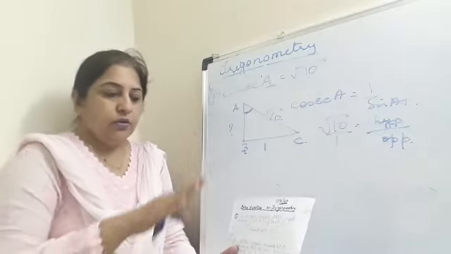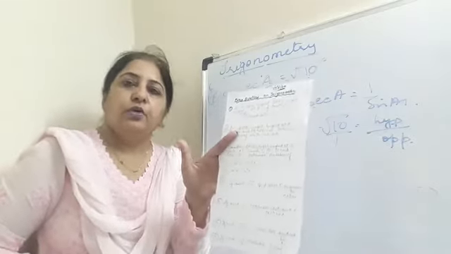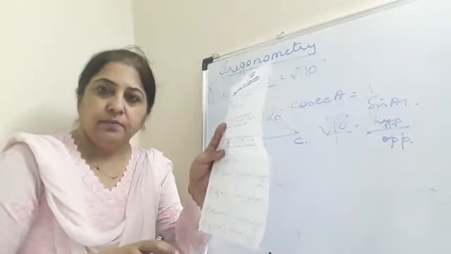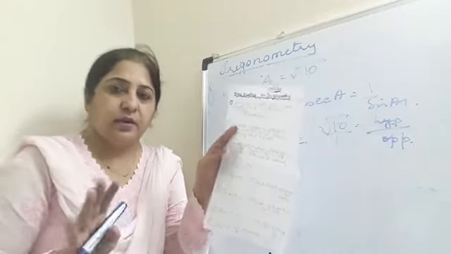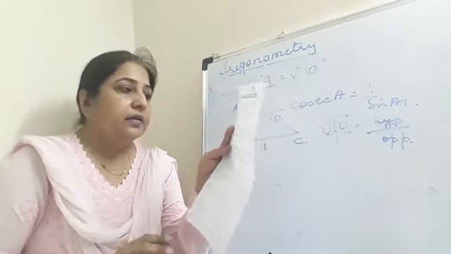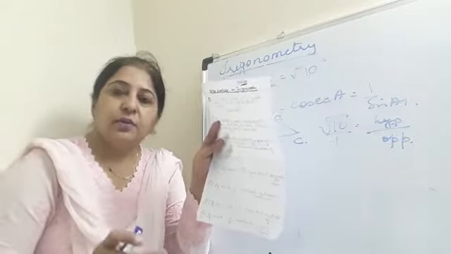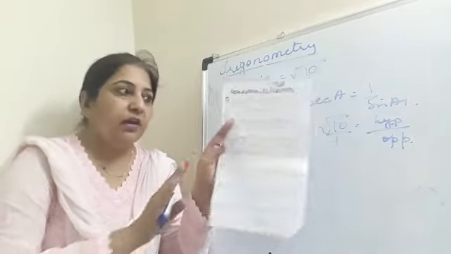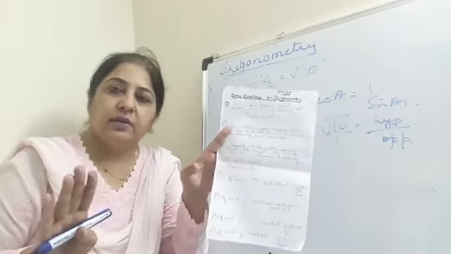So these questions I am going to post on your WhatsApp group. Just go through these questions, solve them today. And if you don't understand, you can ask me. You can send me messages on my number. Then tomorrow I am going to start with the trigonometric ratios of some specific angles. Remember that. Now I finished with the general trigonometric ratios.